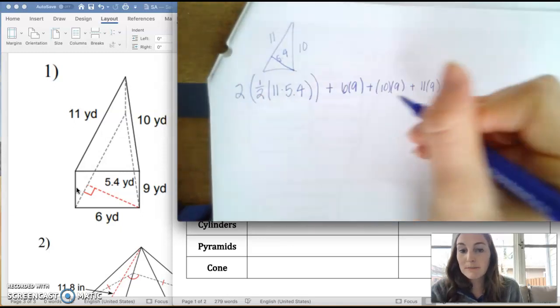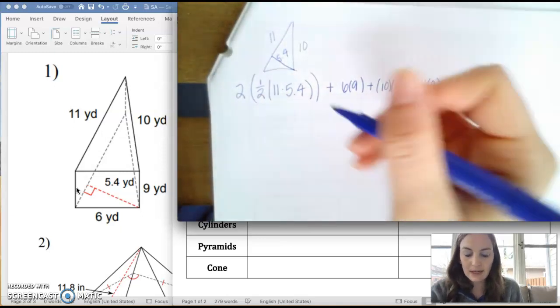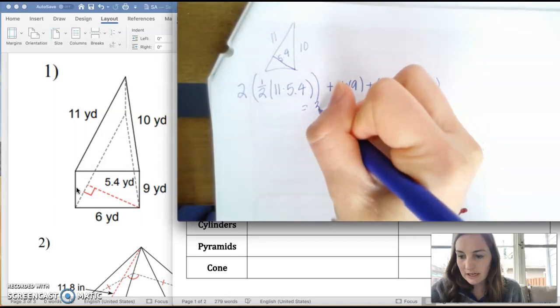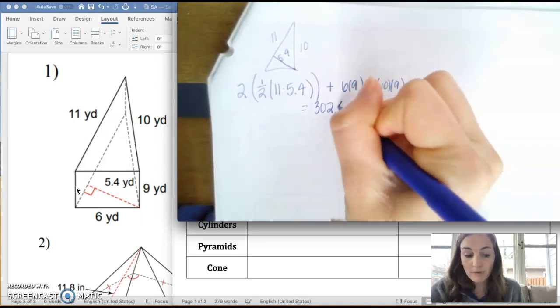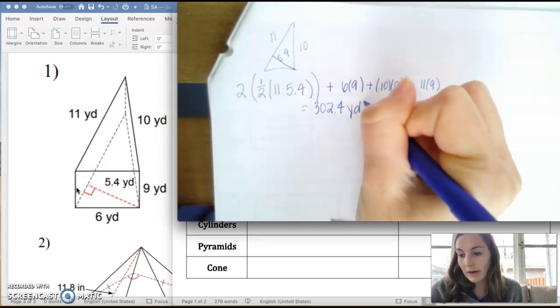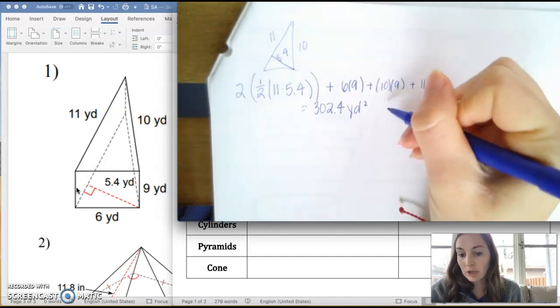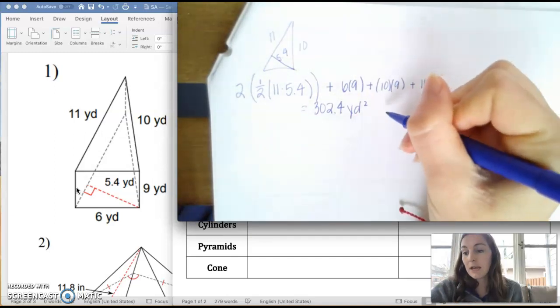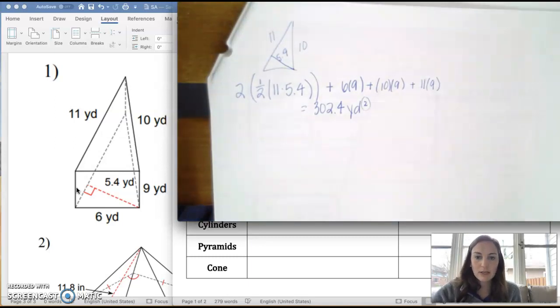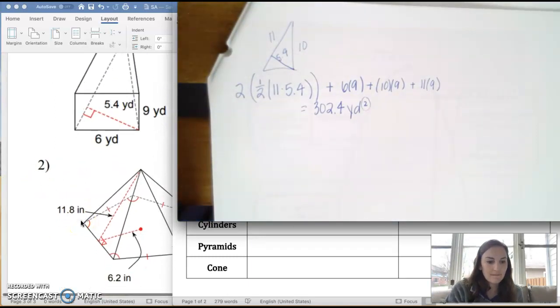So we just multiply all of these pieces and add them together, and we will get that the surface area is 302.4 yards squared. So since surface area, we're talking about the squares to cover something, we're always looking at square units here.